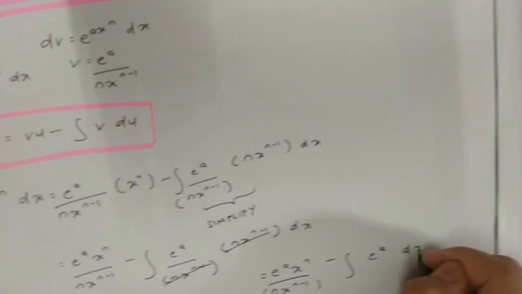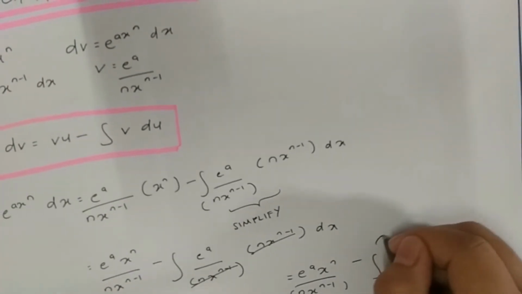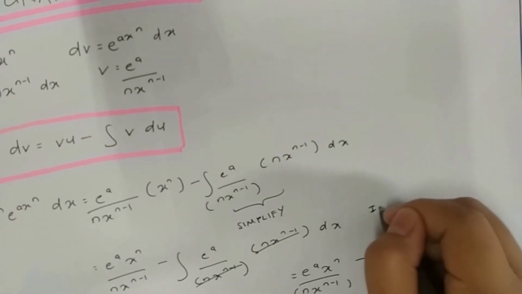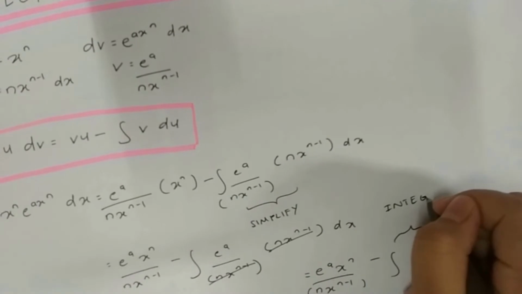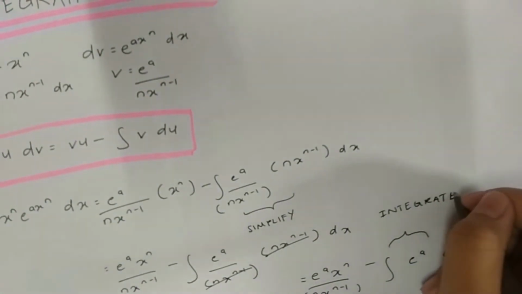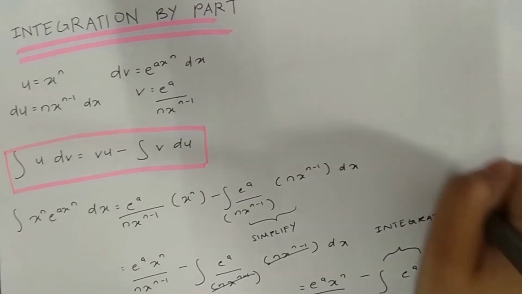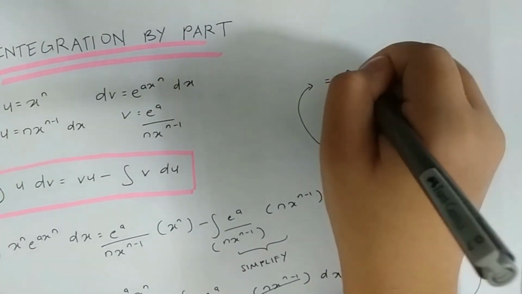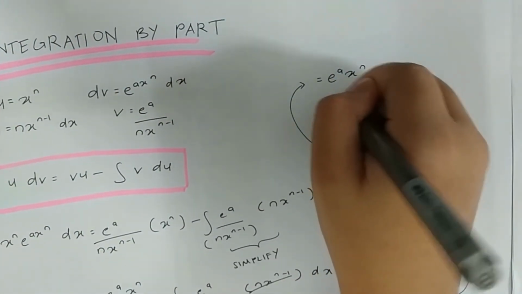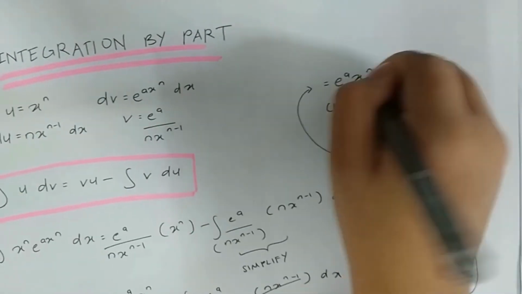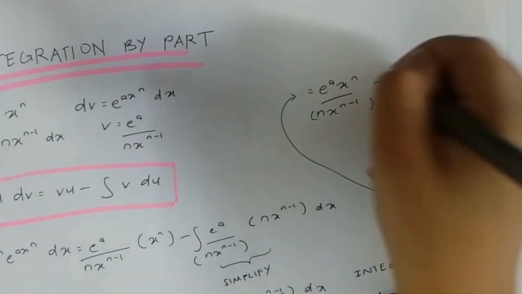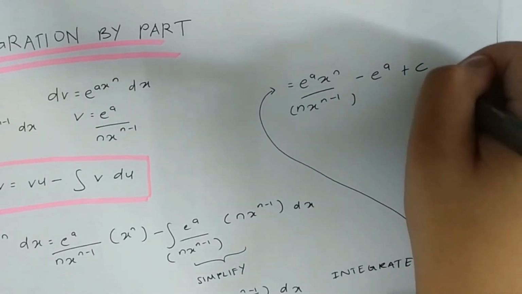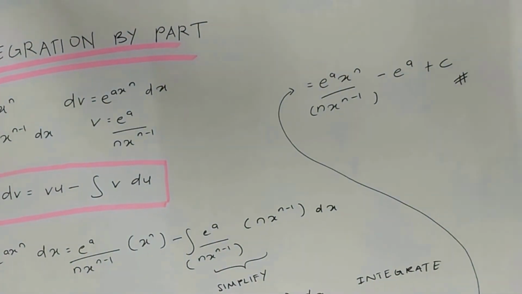If we integrate e to the power of u du, we will get e to the power of u back. The final answer is x to the power of n e to the power of a x to the power of n over n x to the power of n minus 1 minus e to the power of a x to the power of n plus c, which is an indefinite integral.